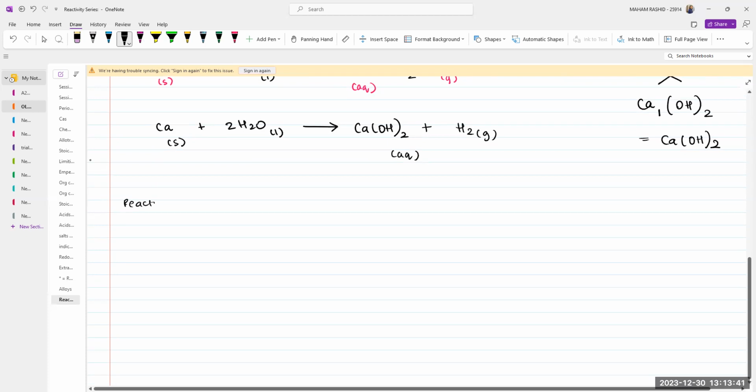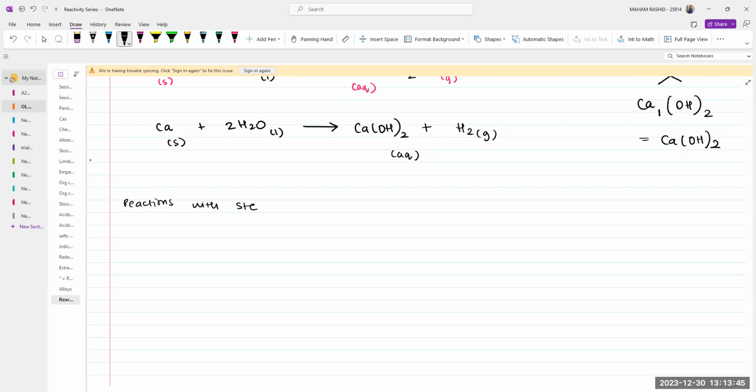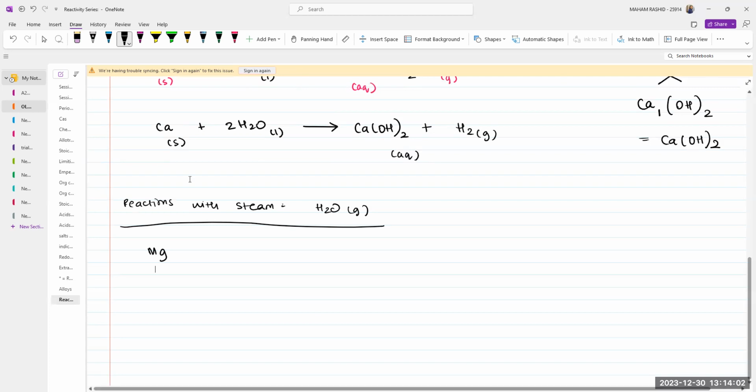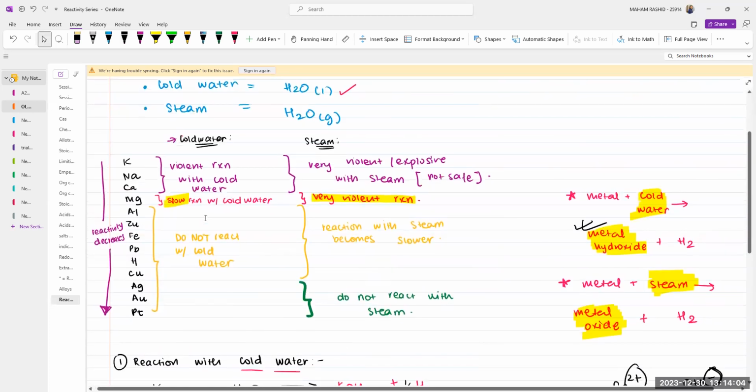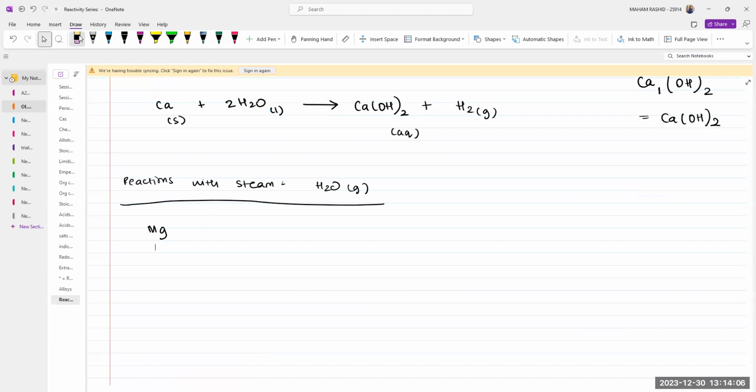Now we move on to reactions with steam. Steam meaning H2O in gaseous form. I have magnesium. Okay, let's compare magnesium's reaction with cold water and with steam. Let's first do that.